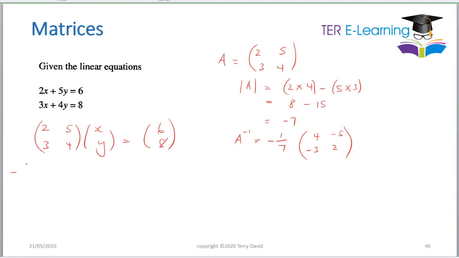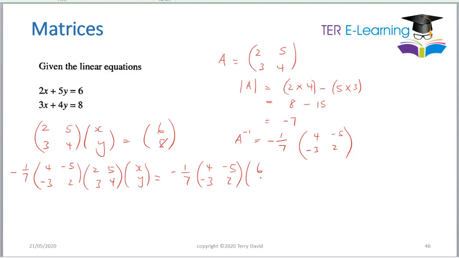So we're going to do minus 1 over 7 by 4, minus 5, minus 3, 2, multiplied by 2, 5, 3, 4 by x, y is equal to minus 1 over 7, 4, 2, minus 5, minus 3 by 6, 8. And we know that when you multiply everything on this side here, all you're really ending up with is x, y. That's all you're ending up with.